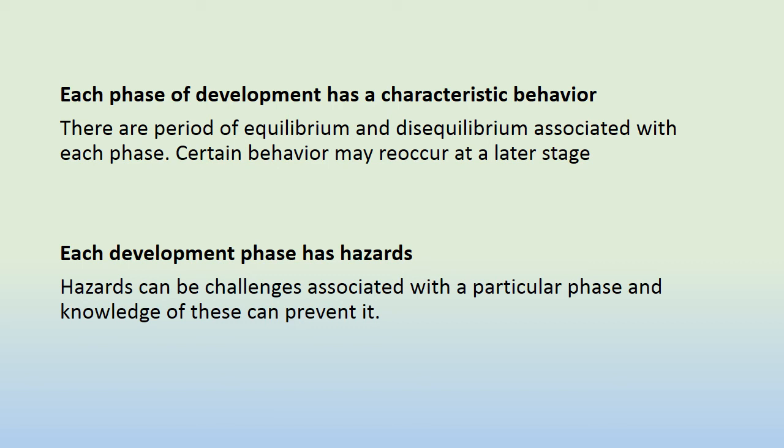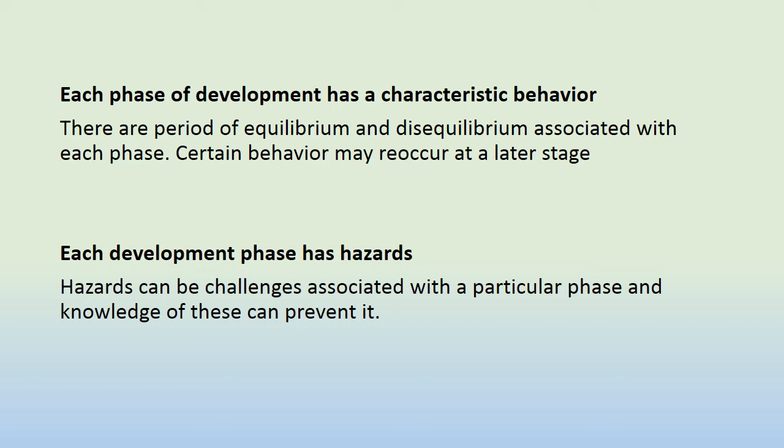Another factor very important for human growth and development is that each development phase has hazards. It is very important to understand this point because this is what makes social workers come into play, as they have to address the hazards associated with each phase. These hazards can be challenges associated with a particular phase, and if you have the knowledge of this, they can be prevented.